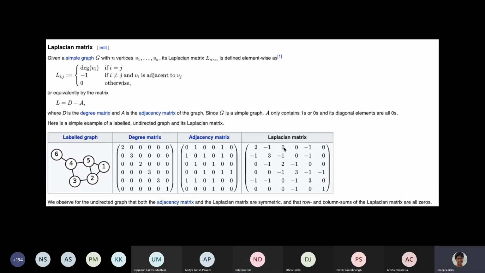No, the adjacency matrix is the connectivity, so it will always remain 1s and 0s, even in case of weighted graphs. Or in the adjacency matrix, is there a weight? Yes, for a weighted graph, it will be weights. So for weighted graphs, minus 1 will not be there, right, in the previous definition? No, for a weighted graph minus 1 will be there. Okay, let me come to the weighted graph.